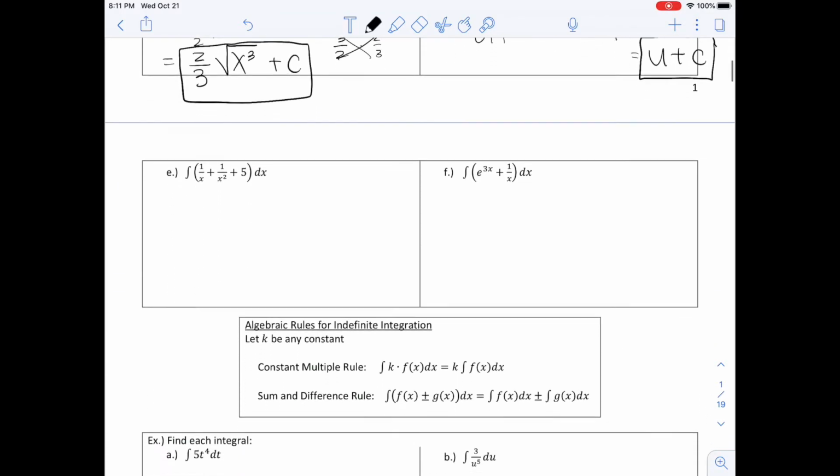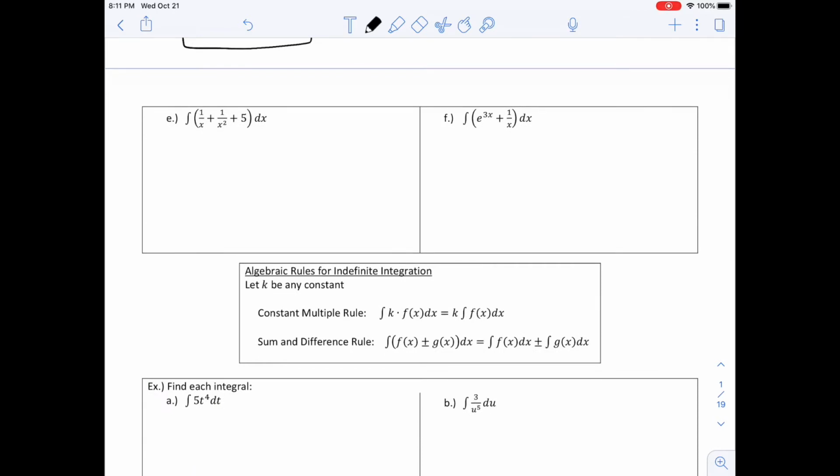We have a couple more on the next page. So looking at E and at F, we're going to go ahead and circle E and we'll work on that one together in class. And then F says the integral of, we have e to the 3x plus 1 over x.